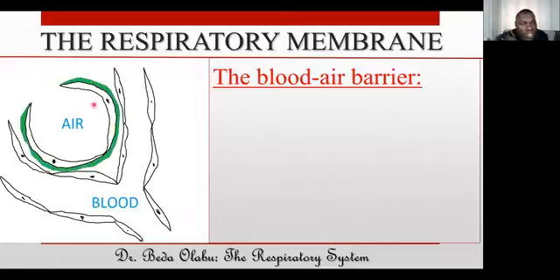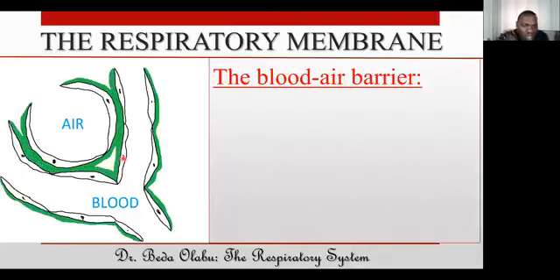Being epithelial cells, the alveolar epithelium therefore also has a basement membrane, or let's call it basal lamina. There's a basal lamina of the alveolar epithelium. The same way, there's a basal lamina of the capillary endothelium.